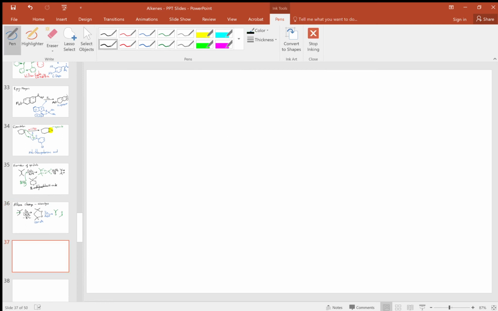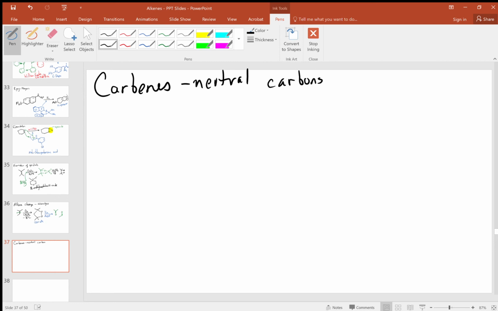Right, now our final reaction of alkenes is going to be dealing with a class of molecules known as carbenes. Carbenes are very unusual carbon species. They are neutral carbons that have 6 electrons.